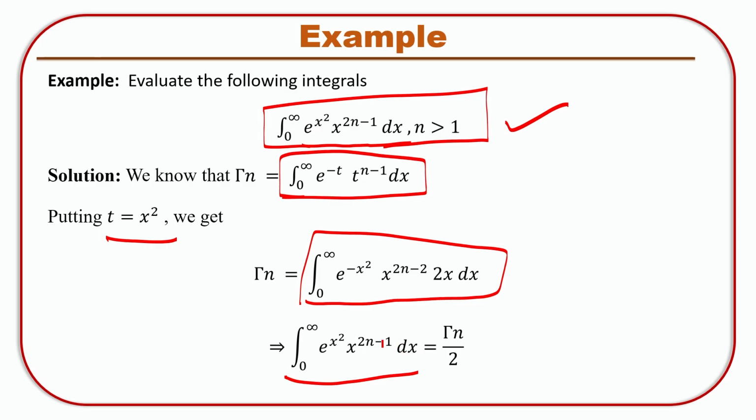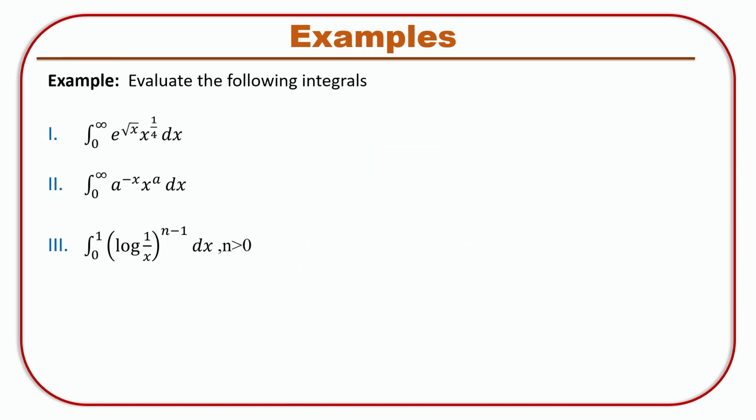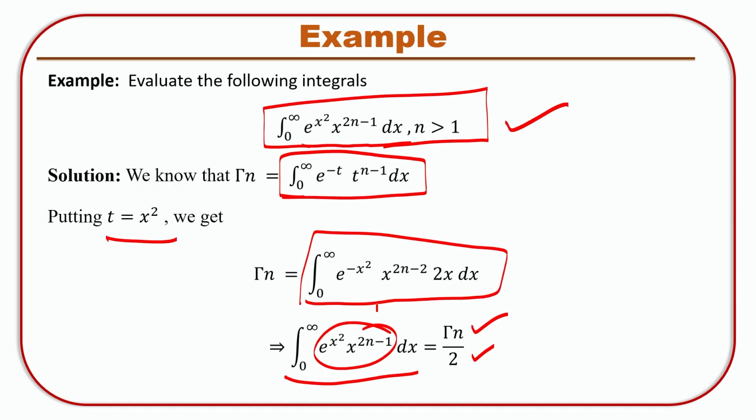And this is nothing but gamma n divided by 2. So based on this problem, for n greater than 1, this becomes gamma n by 2, so half gamma n.